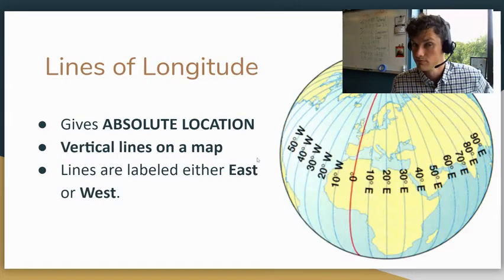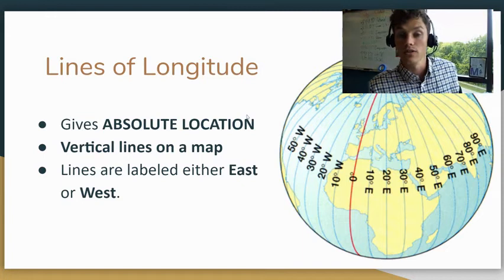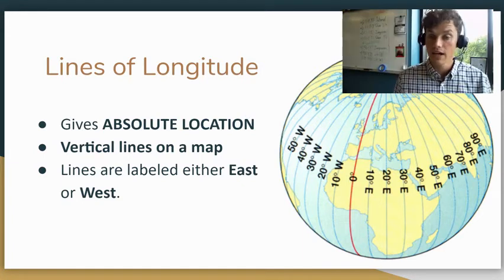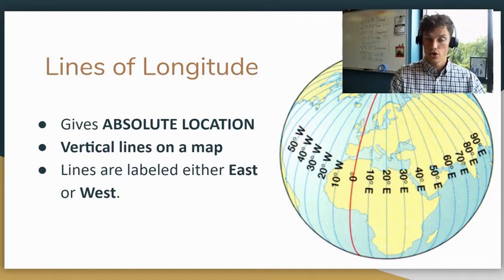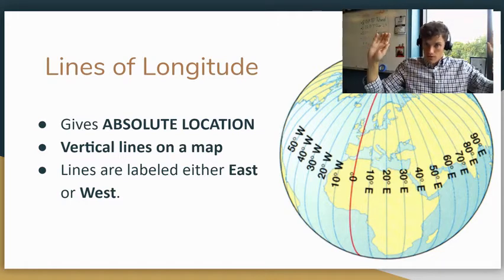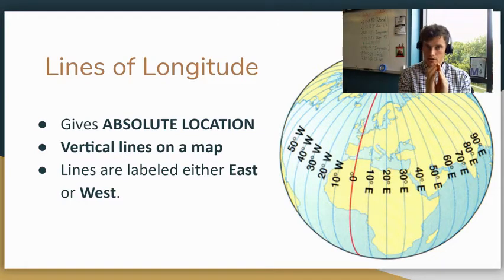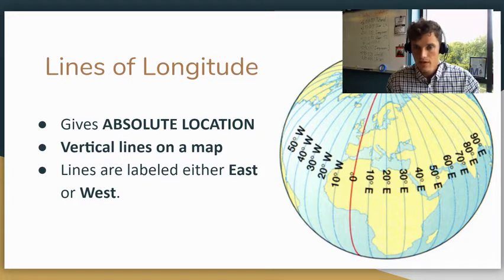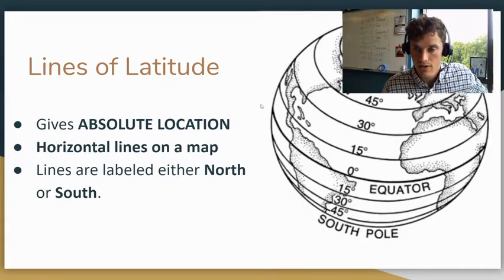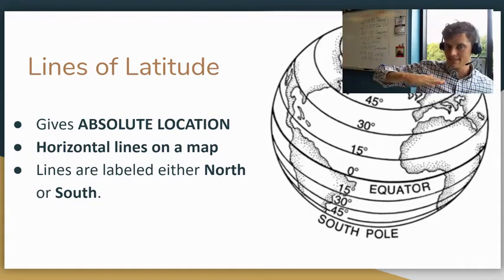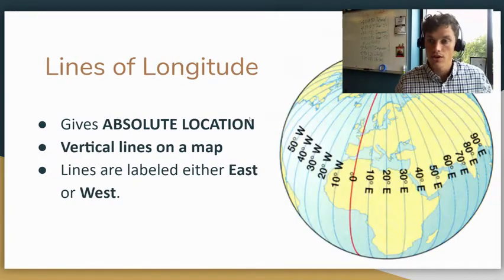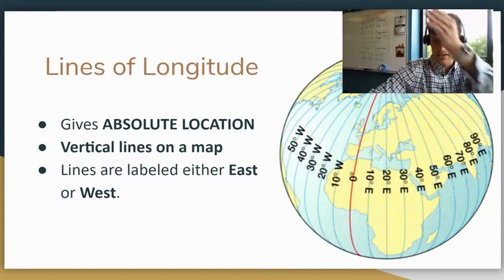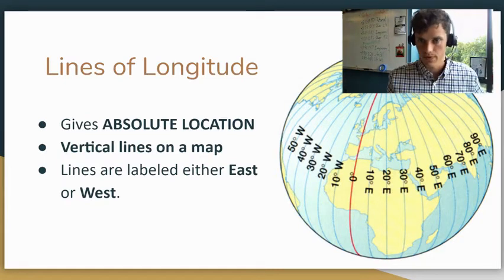Let's move on. These are lines of longitude. Lines of longitude go this way, all around the Earth. Imagine like orange slices, right? So whereas with latitude, you could cut those into discs, with longitude, they're more like orange slices. Okay?